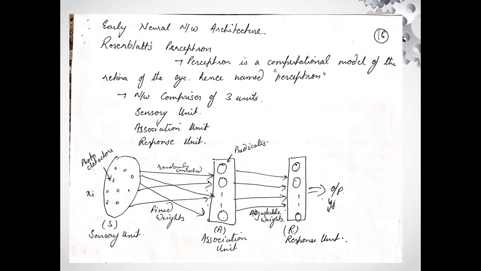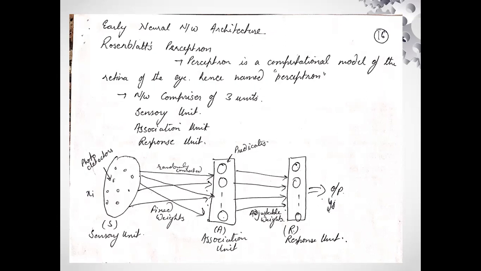The weights linking the sensory unit to the association unit are fixed weights, and they are randomly connected. There is no defined pattern of connection. That means whenever iteration or training is done in the neural network, these weights will not change at all. They will remain fixed.